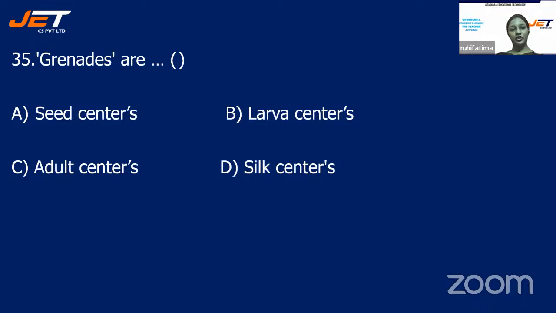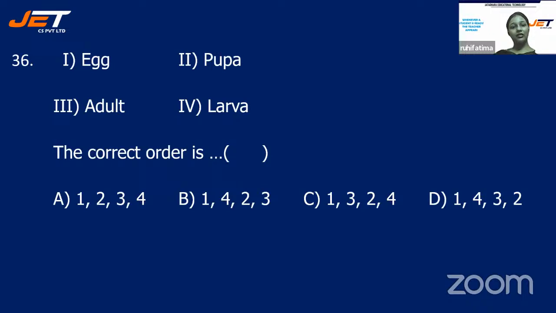Grenades are dash. Seed centers, larva centers, adult centers, or silk centers. Grenades are basically the seed centers. Egg, pupa, adult, or larva.